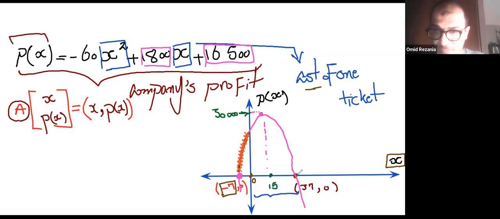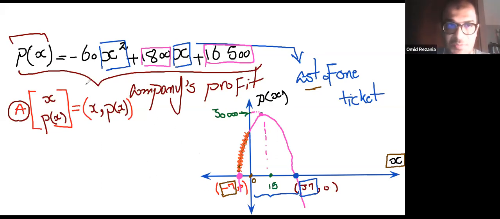But we also have one more point: at the cost of a ticket of 37, when you sell 37 tickets, your profit is going to be 0. You see that point? It is strange that when you sell 37 tickets, the profit is 0. In business, sometimes they call that point the break-even point.